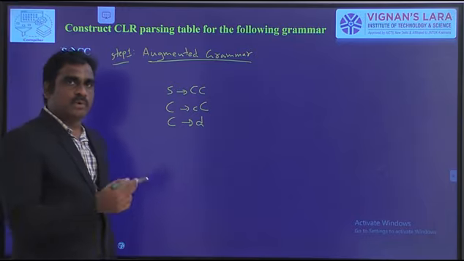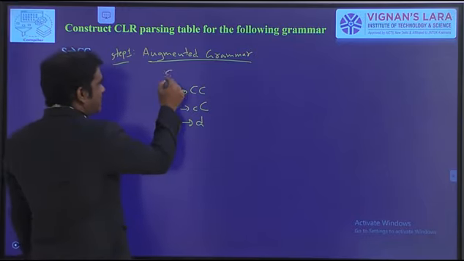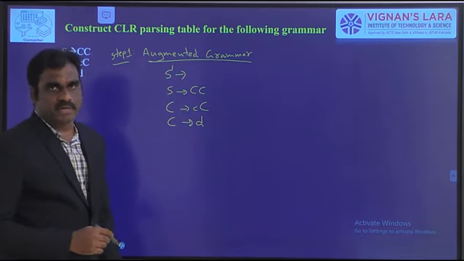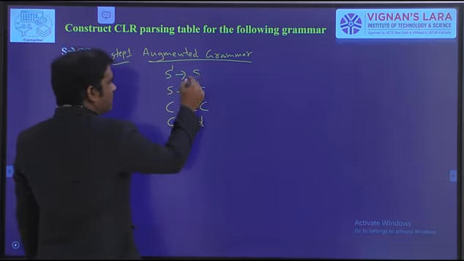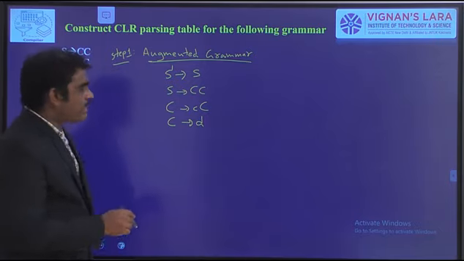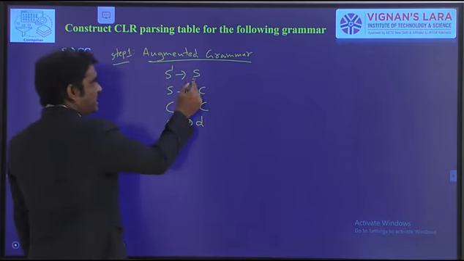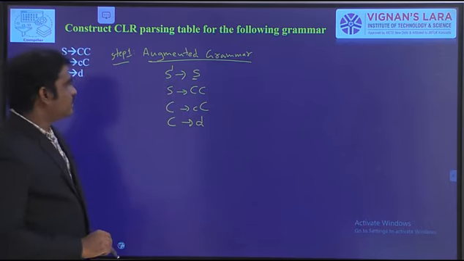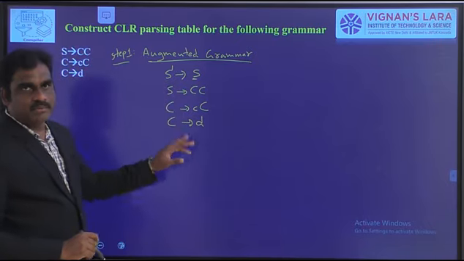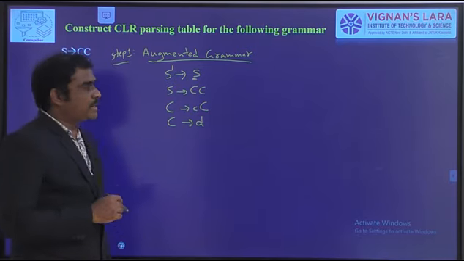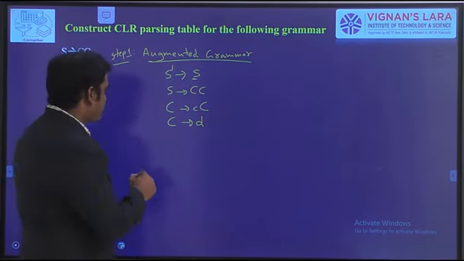Now we add a new production, S dash to S. The symbol should be the starting symbol of the given grammar, that is S, otherwise the grammar becomes useless. So this is the augmented grammar, same as in SLR.